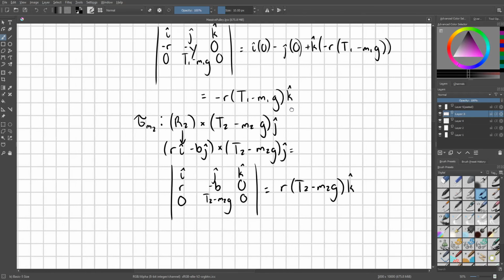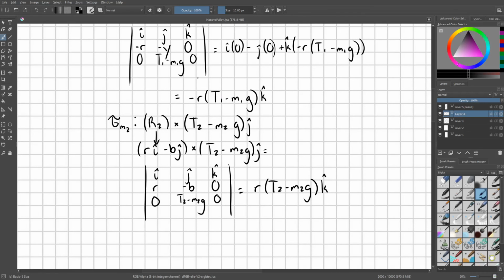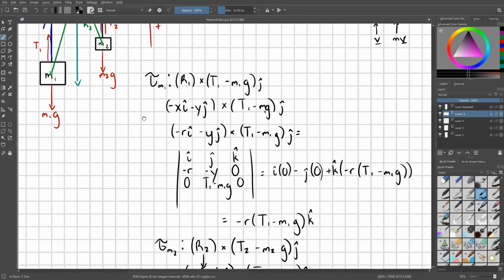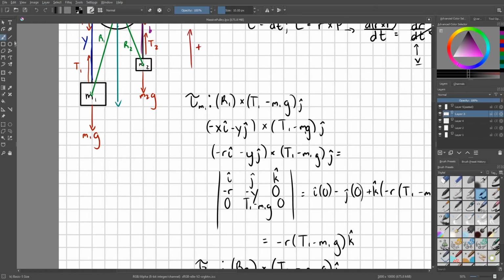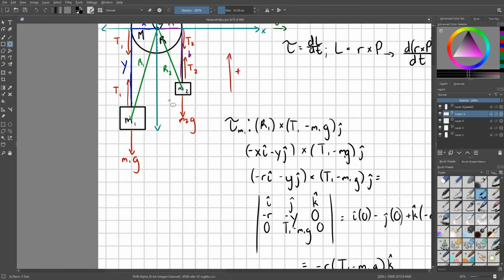Now then, real quick, I'm going to just throw a concept out here. And that is that we know generically that this M1 here is going to accelerate either up or down, right? If this accelerates up, then M2 is accelerating down. That's the only possibility. So I'm going to assume that M1 is going to accelerate down in our negative direction.